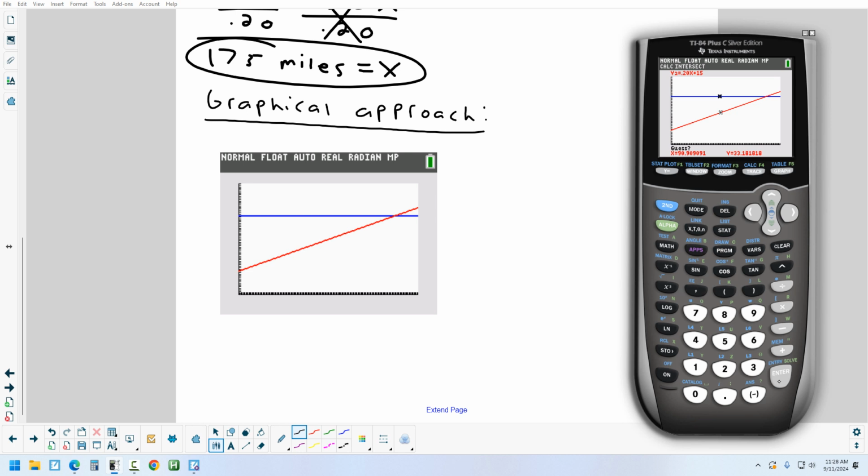The last thing it says is guess. In this problem, the guess isn't important. You could hit enter right where it is and it would work just fine. If you want to move it closer to where you think they cross, you can do that, but it's totally unnecessary in this problem. So when you see guess, just hit enter.